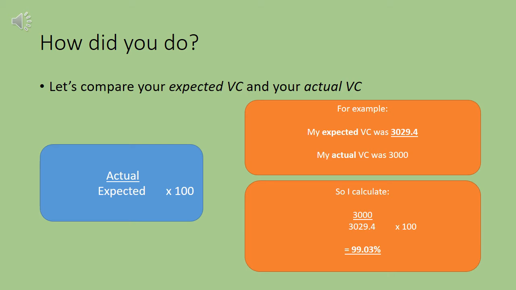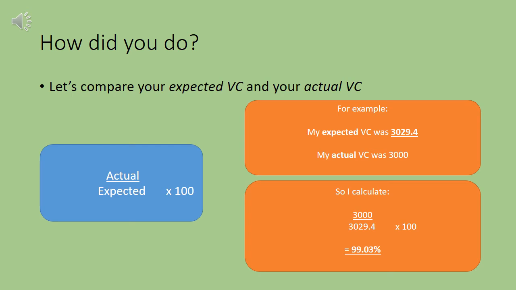So first of all, for mine, my expected one was 3029.4. That was based on my age and based on my height. My actual vital capacity was around about 3000. So I do 3000, the smaller number, divided by the bigger number. Well, your actual divided by your expected. 3000 divided by 3029.4.